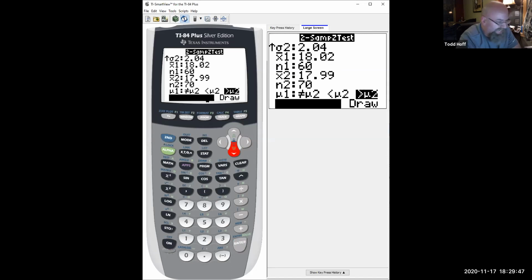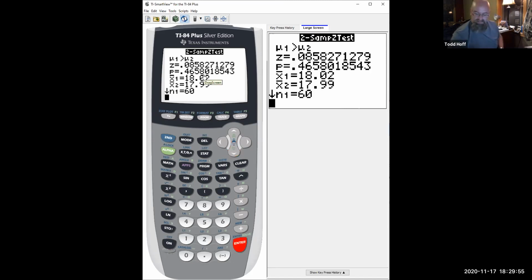And it doesn't ask about pooled because remember, we don't need degrees of freedom for a z-test. So we're just going to hit calculate, and there we go. So z is 0.086 with a p-value of 0.466.